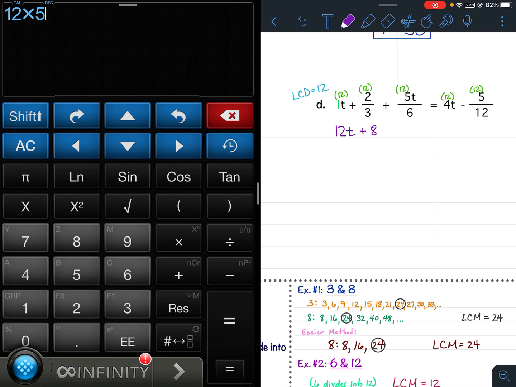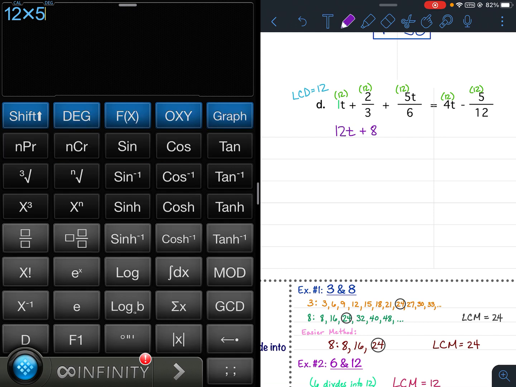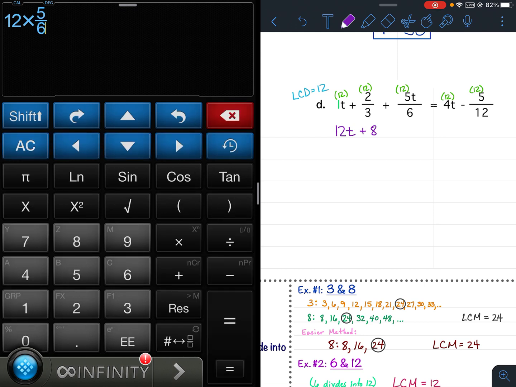So let's see if I'm right. It should be 10t. So multiplying 12 times 5 over 6, and I get 10. So this would be 10t.